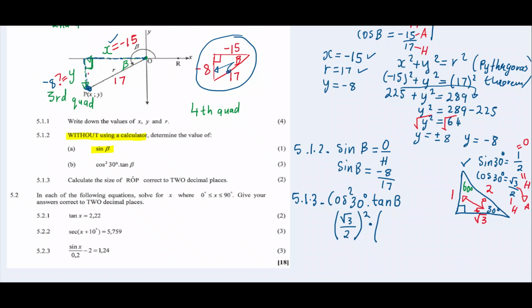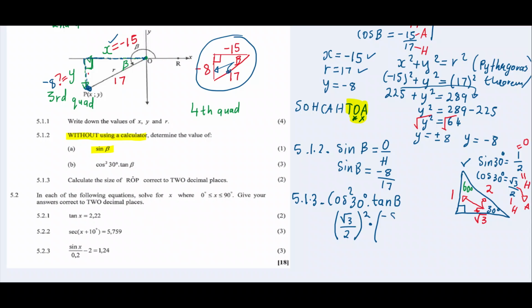So the tan beta here is going to be based on the diagram that we drew, and you can see that the tan beta, based on SOHCAHTOA, is opposite over adjacent.